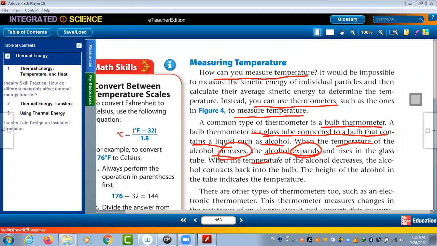When the temperature decreases, the alcohol contracts back into the bulb. The height of the alcohol in the tube indicates the temperature. We can see the figure of the thermometer down here.